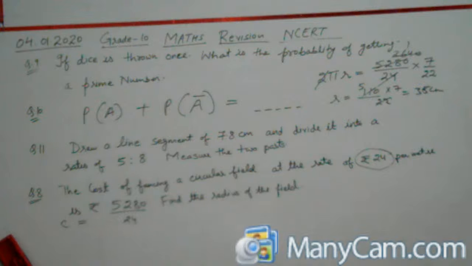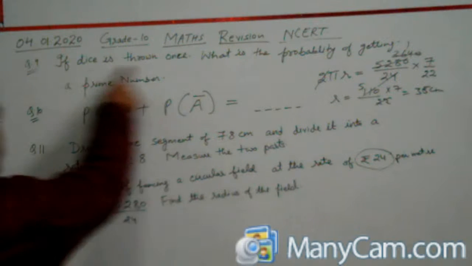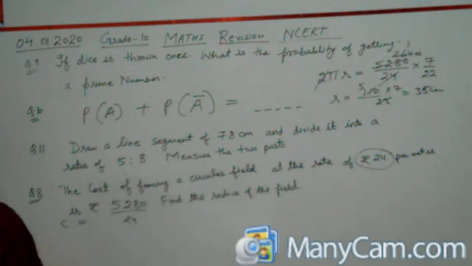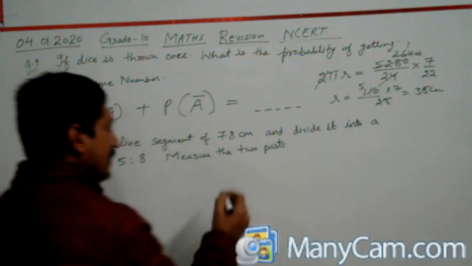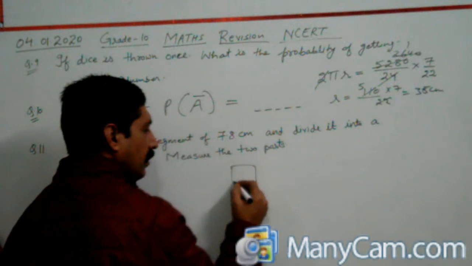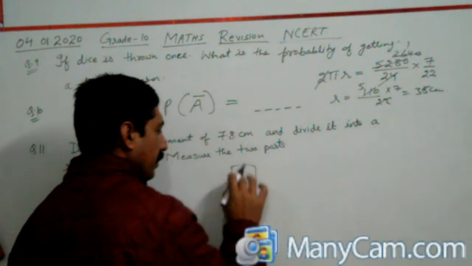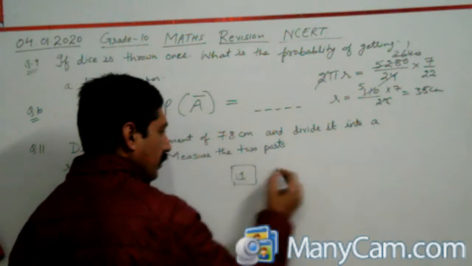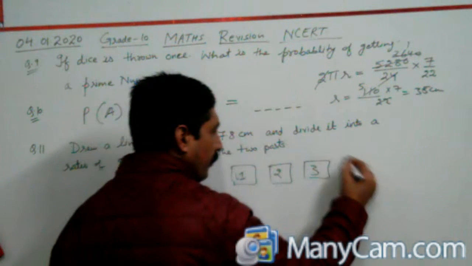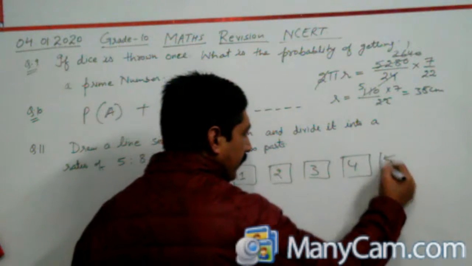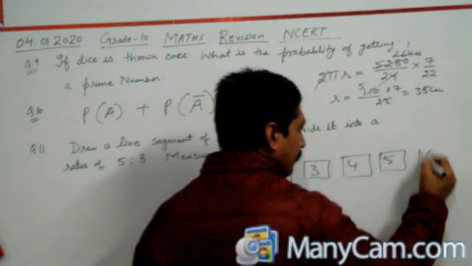So next they are saying, very common question. A dice is thrown, right? When a dice is thrown, one can come, two can come, three can come, four can come, five can come, or six can come.